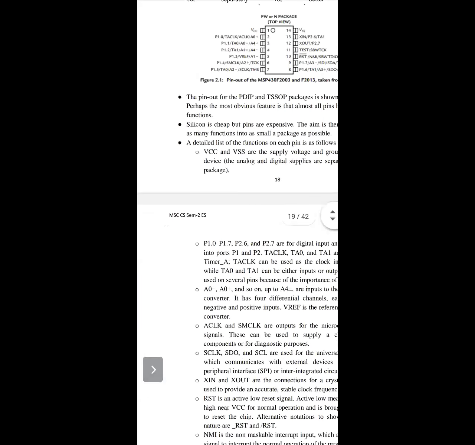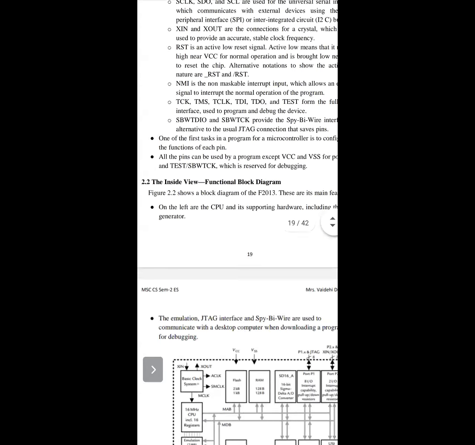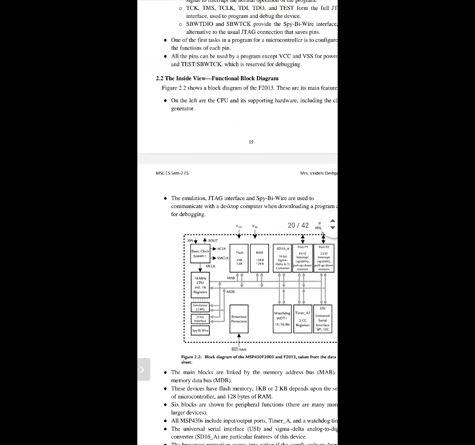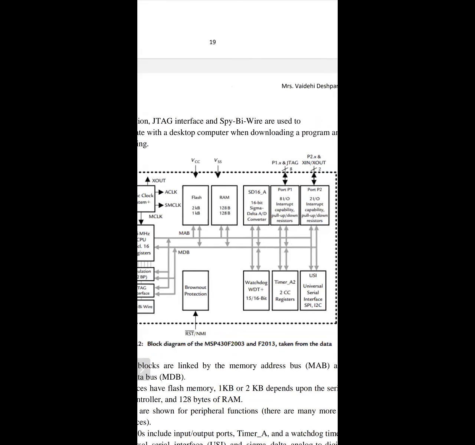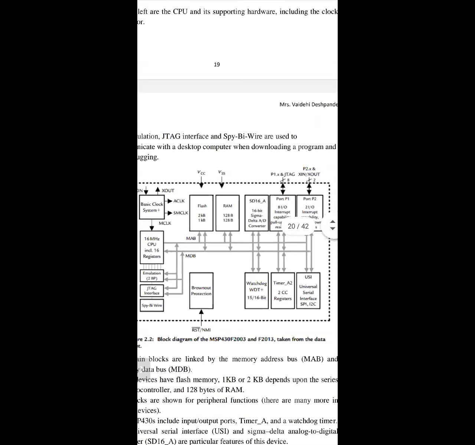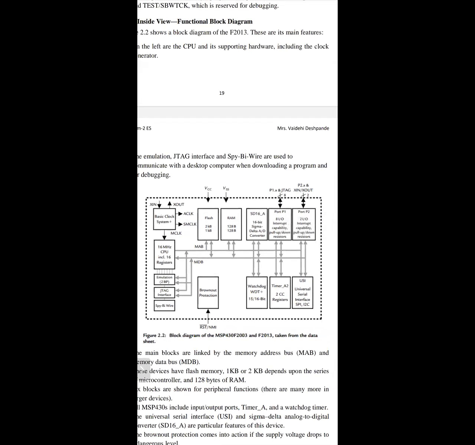Once we have done the outside view, then we have to see the functional block diagram or the inside view. So inside, how is the arrangement done? As we have discussed, nowadays we are having a microcontroller with on-chip memory, isn't it? All the things are on chip, meaning in one chip, in one IC, memory is there, everything is there.